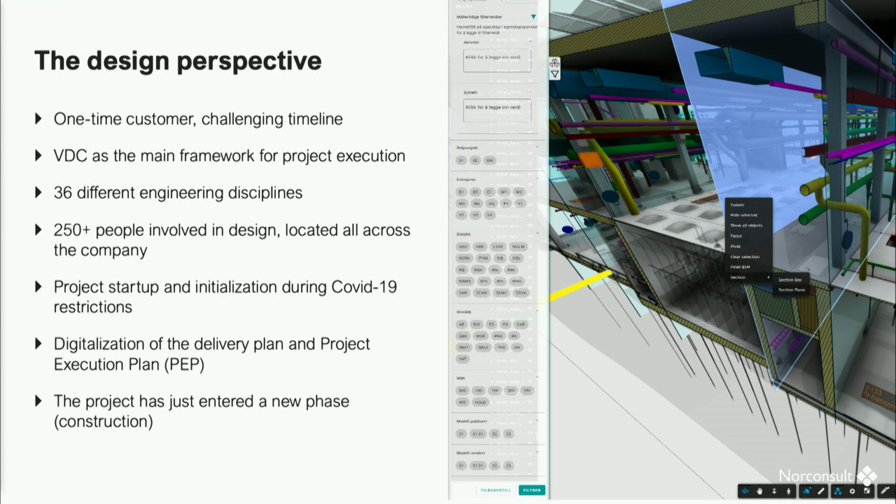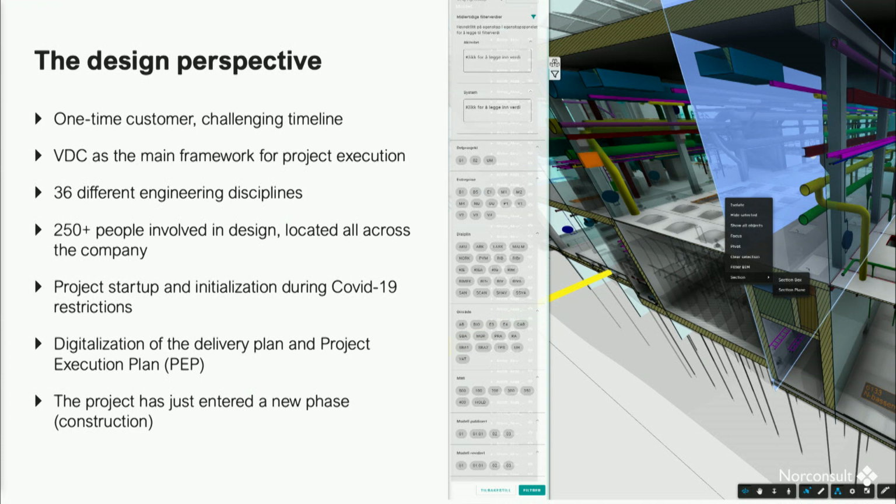Digging down towards design and how we go about our internal work: we have 36 different engineering disciplines in this project, and approximately 250 people are involved from our company within design. The project startup and initiation was during COVID-19 restrictions.